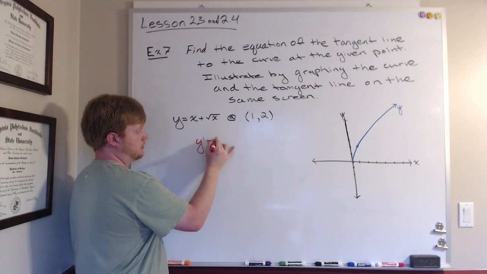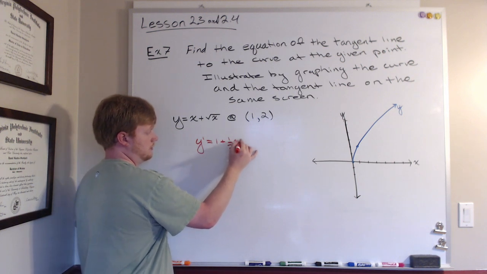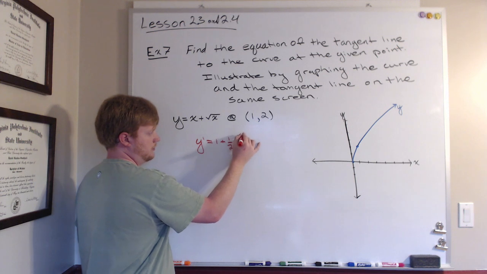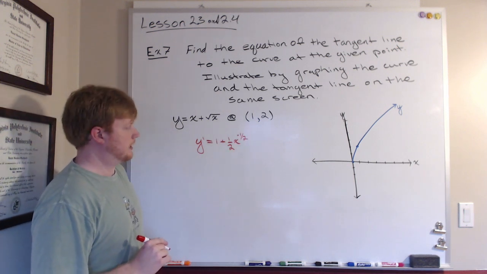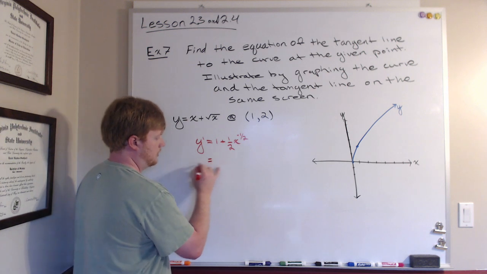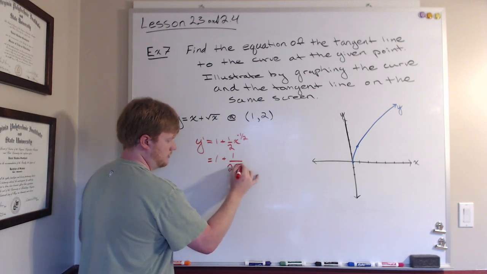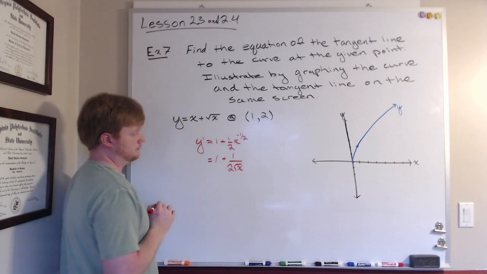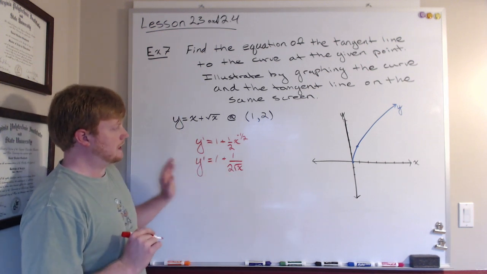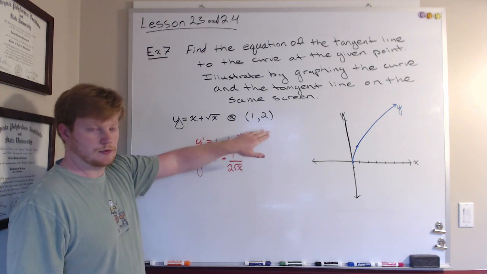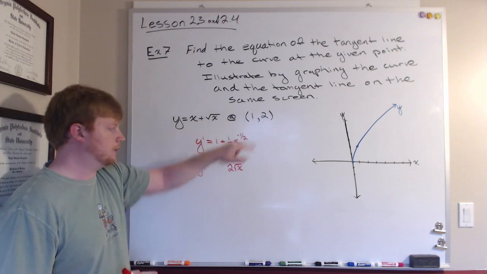In this case, I have 1 plus 1/2 x to the negative 1/2, or to sort of clear things up, it's this. Okay, so what is the slope at 1, 2? Well, it's whatever we get out of that derivative function when we plug in 1.